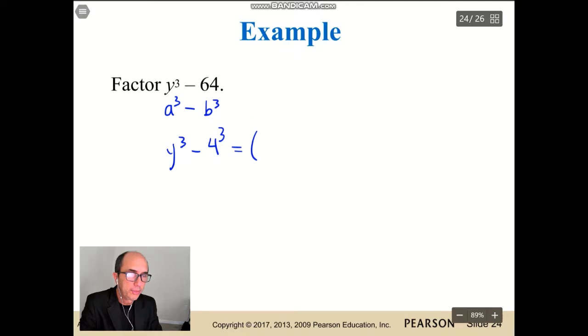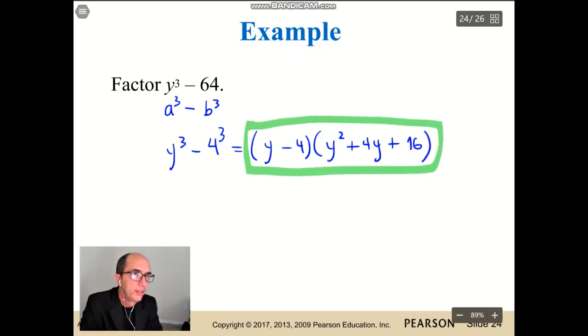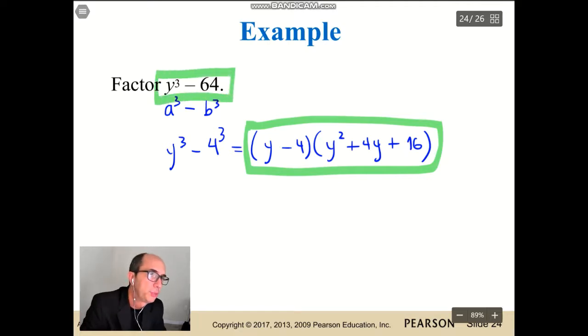That means we can factor it out as y minus 4 multiplied by y squared plus 4y plus 4 squared, 16. Those are equivalent. This is equivalent to the original expression.